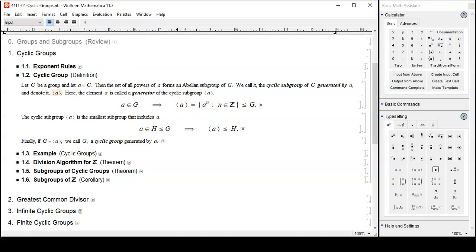Here, the element a is called a generator of the cyclic subgroup. By the way, this is the cyclic subgroup, and this is a generator, because given a, it can generate only one cyclic subgroup of G, so it's the cyclic subgroup, but the same cyclic subgroup can have multiple generators, so a is a generator. It can have other generators too.